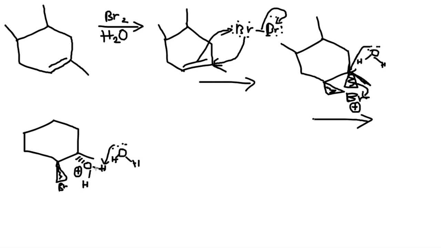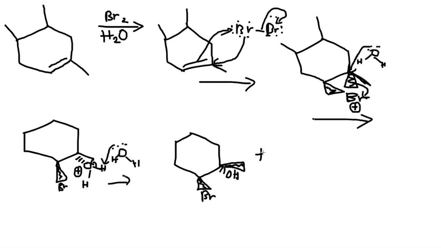Electrons will go to water, and this gives off the electron to oxygen. And this will give us OH, and then let's draw the methyl group as a wedge.